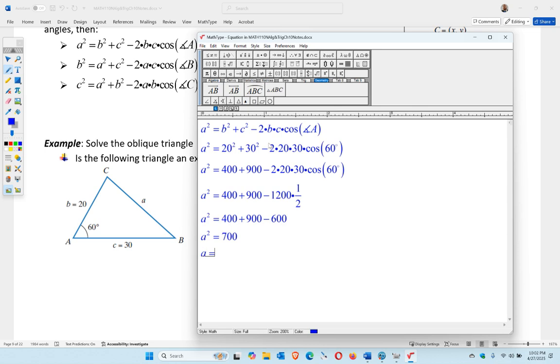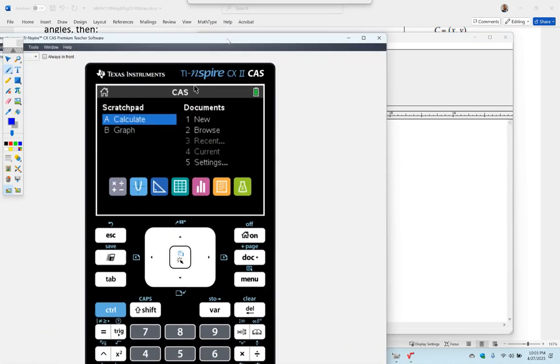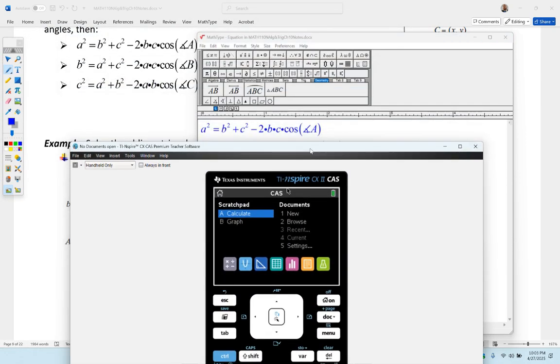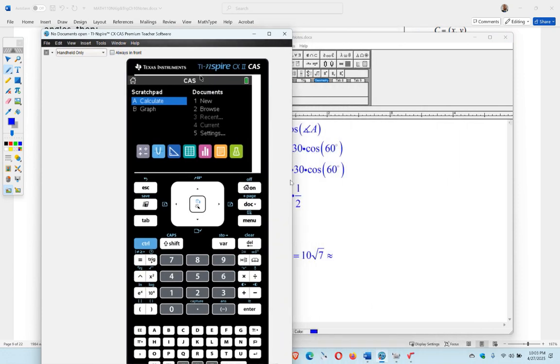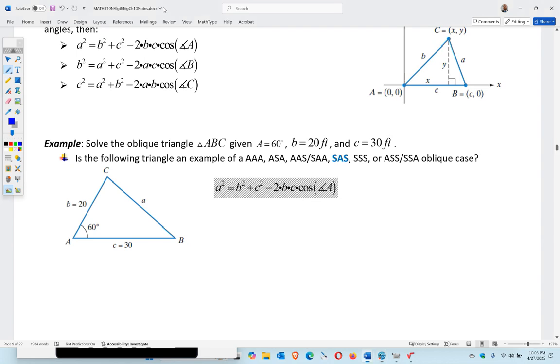So A equals the square root of 700, which equals the square root of 7 times 10 times 10, which is 10 root 7.